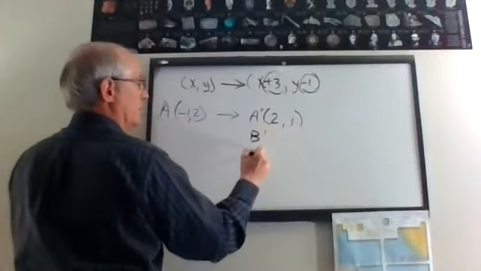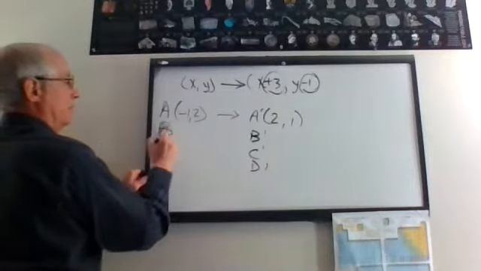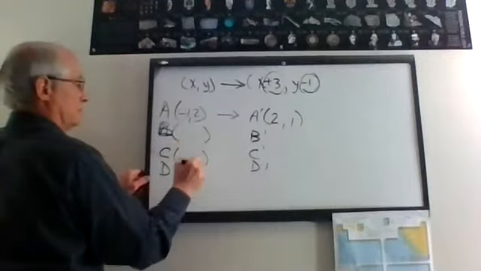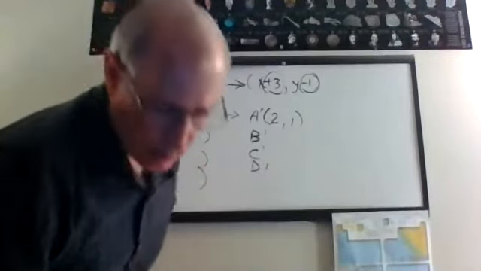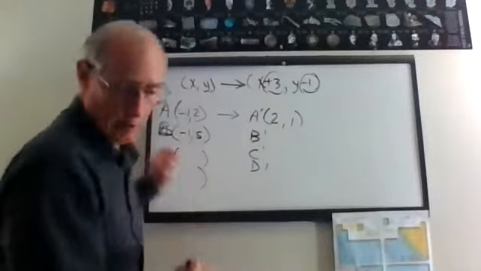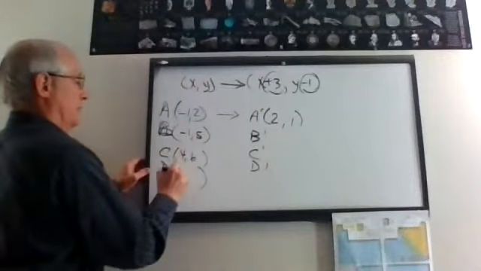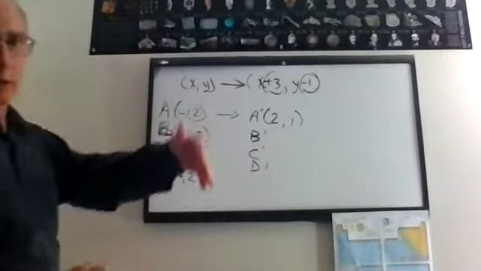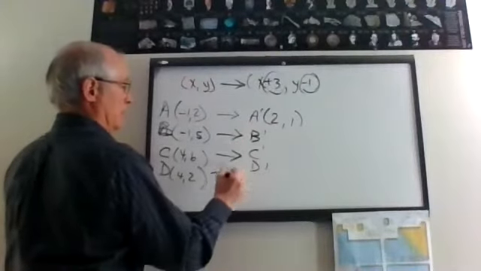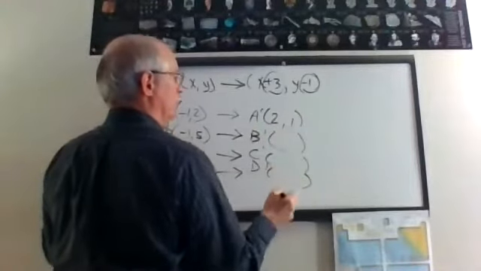Then B, C, D, and their primes. The givens are -1, 5, and 4, 6, 4, 2. This is the way you're going to organize your work, just like this, and you're going to give me some brand new ordered pairs.